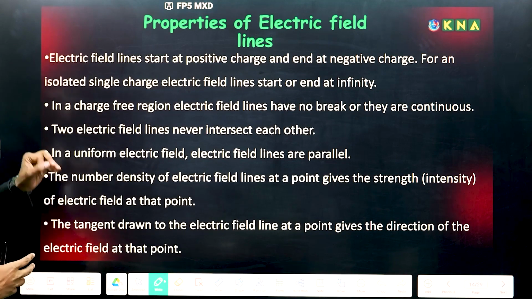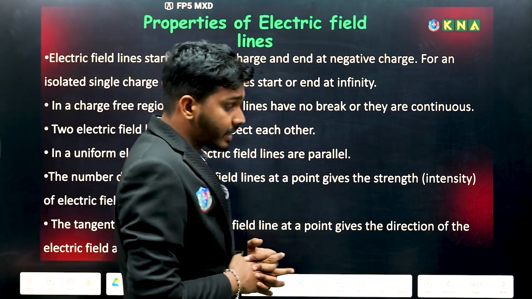Two electric field lines never intersect each other.